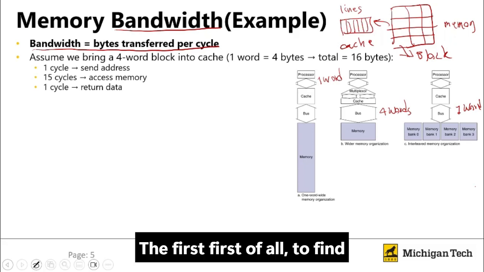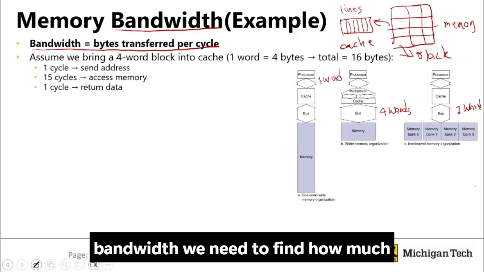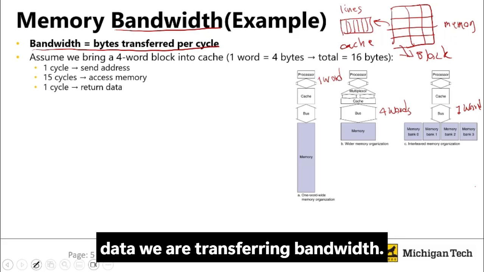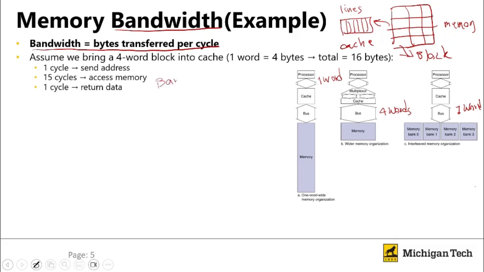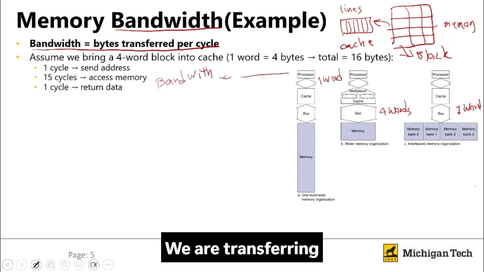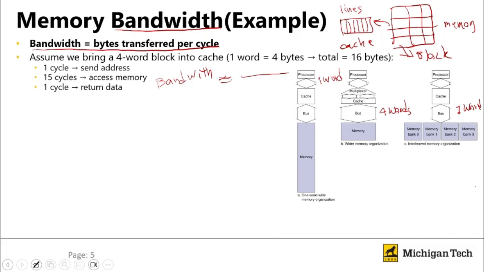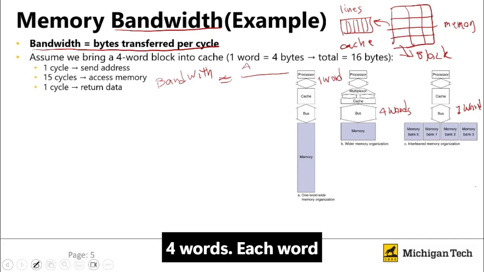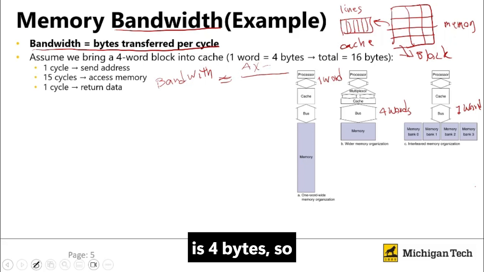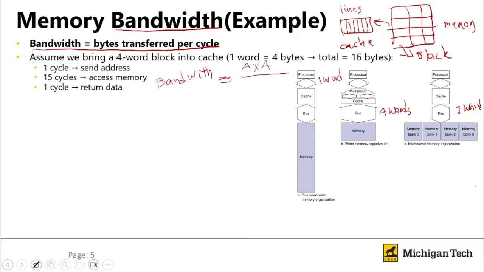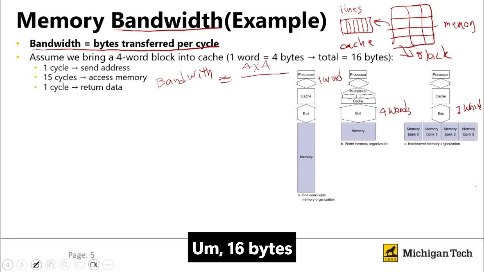First of all, to find bandwidth, we need to find how much data we are transferring. We are transferring 4 words. Each word is 4 bytes, so it's 16 bytes over the access time.